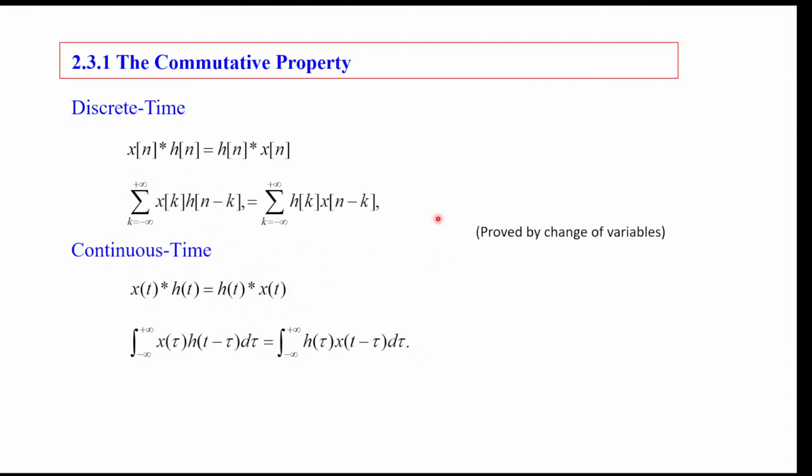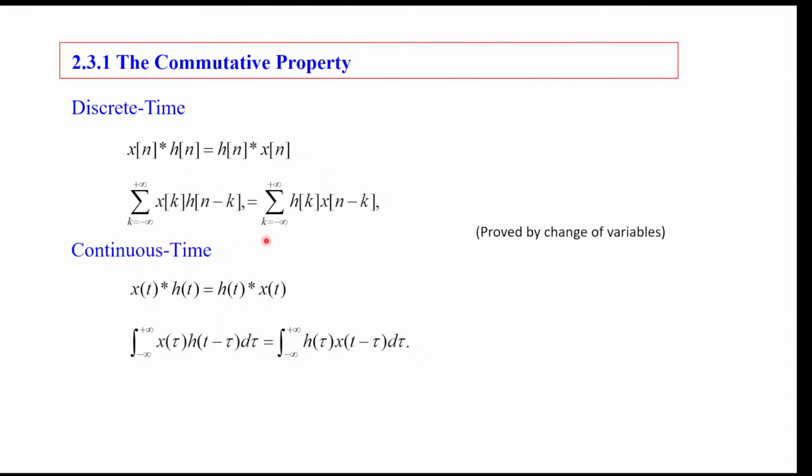The proof is not too exciting, so we just say this is true. But if you want to do the proof, you basically just write down the formula and do a change of variable. You want to show that the summation over k of x of k h of n minus k equals the summation over k of h of k x of n minus k. Basically you change n minus k to k, and so on.